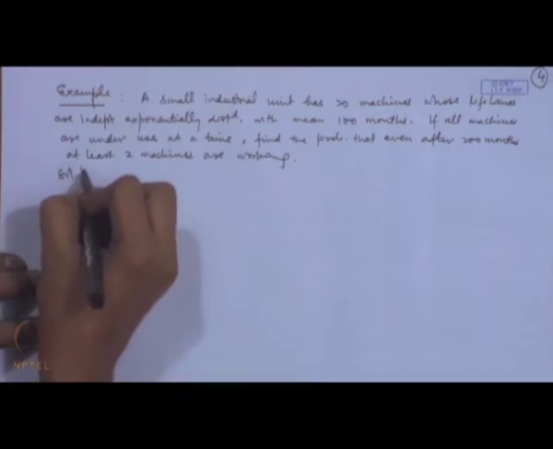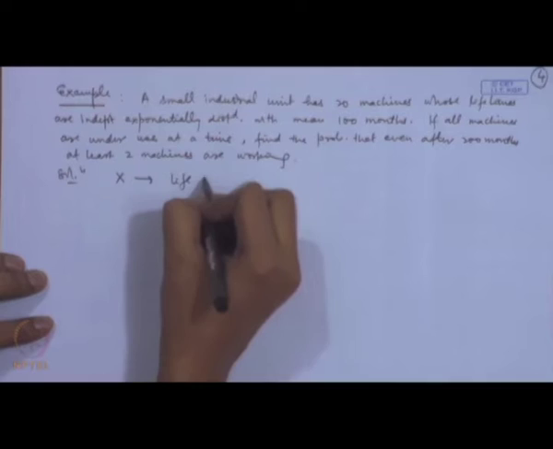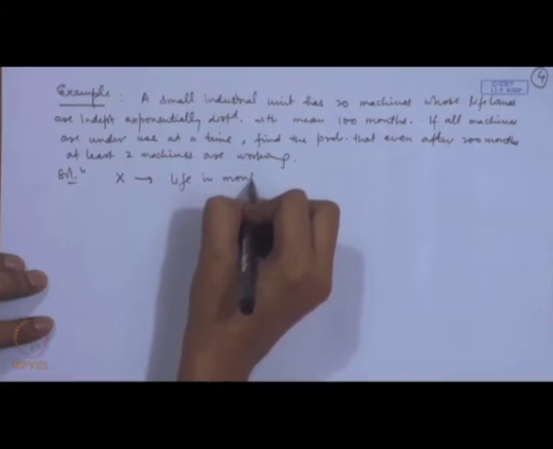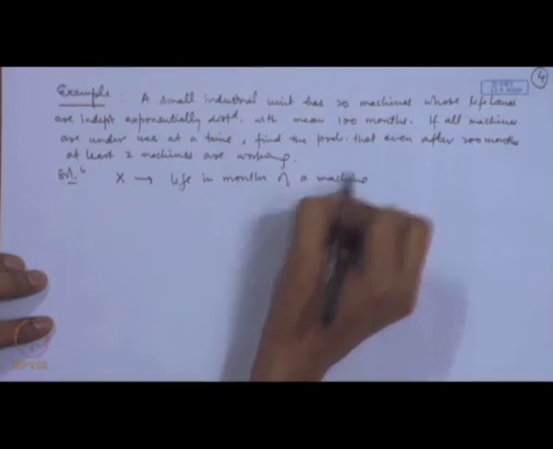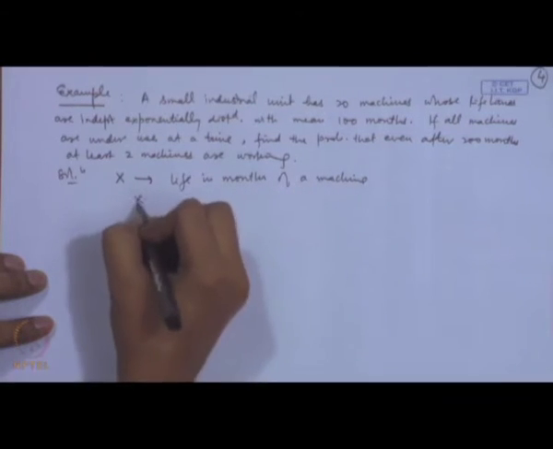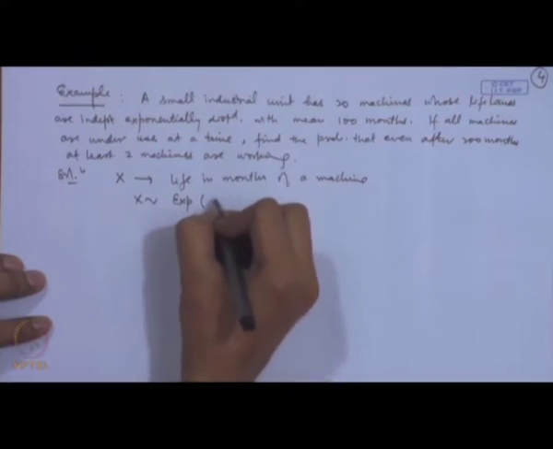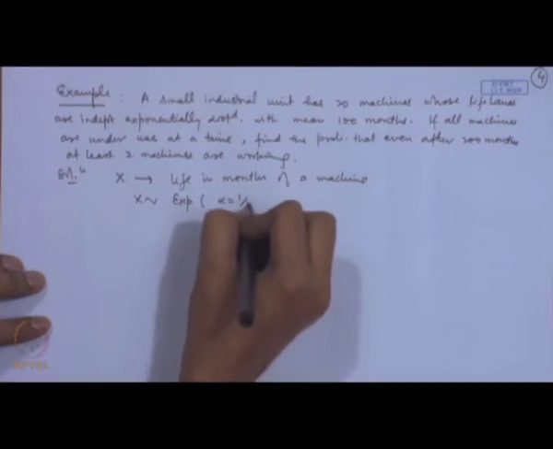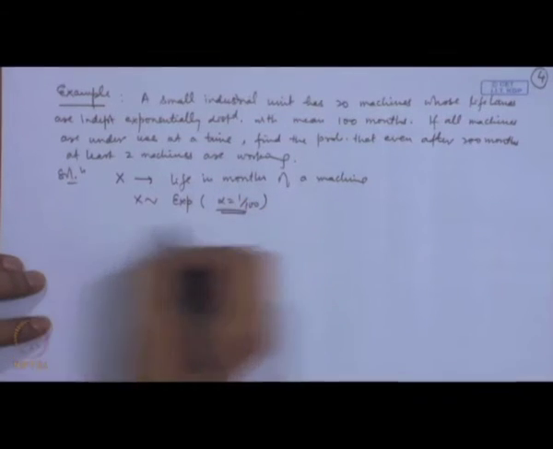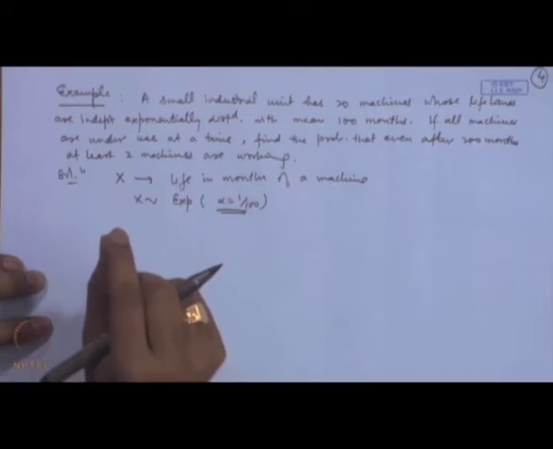So, let us consider, say X is the lifetime in months of a machine. Then it is given that X follows exponential distribution with parameter alpha equal to 1 by 100, that is mean is 100, because in the exponential distribution the mean was 1 by alpha.